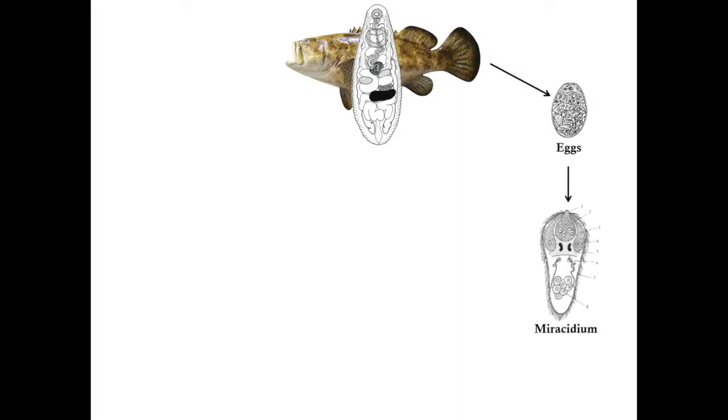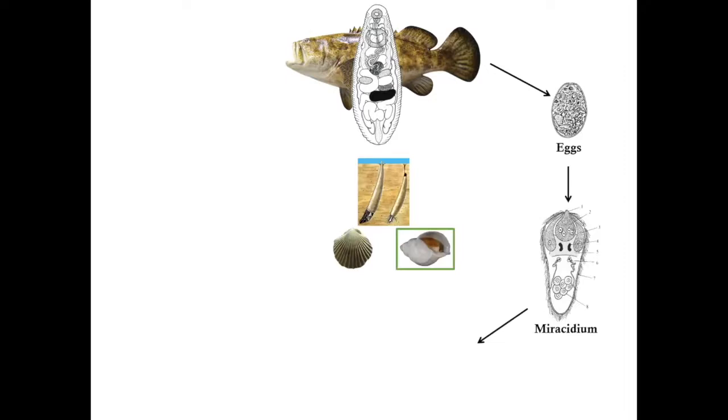The life cycle of a hemiuroid is very much like life cycles of many other trematodes. It starts with an adult in a definitive host, here a fish. That adult will shed eggs into the environment. The eggs will hatch into the miracidium larva, which can swim, and it's going to infect the first intermediate host. That intermediate host can be a bivalve, a scaphopod mollusk, or a snail in the case of hemiuroids.